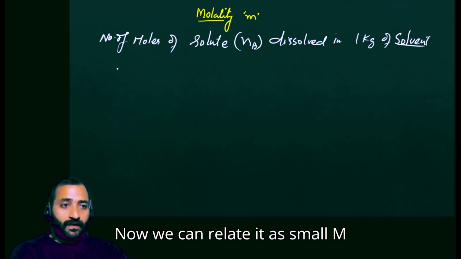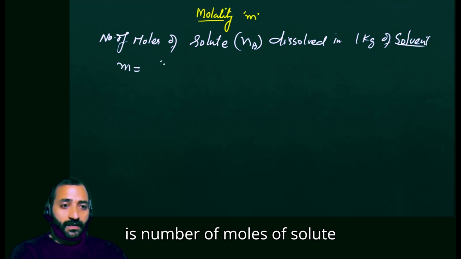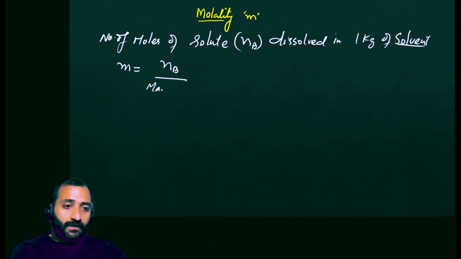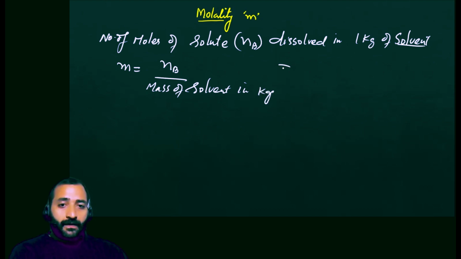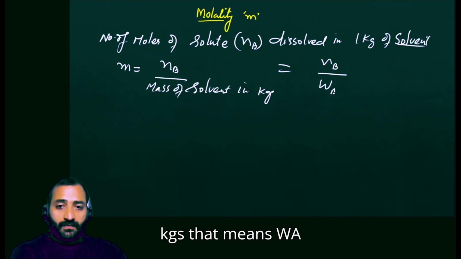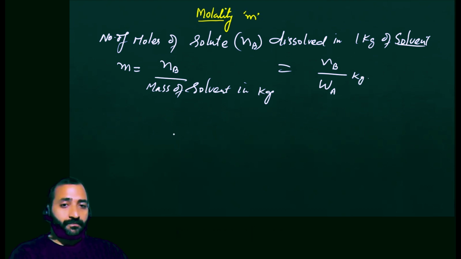Now we can relate it as small m is the number of moles of solute, that's Nb, dissolved in the mass of solvent in kgs. Further breaking down this equation, Nb by the mass of solvent in kgs, that means Wa in terms of kgs.